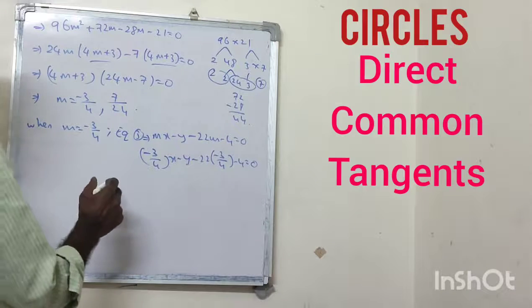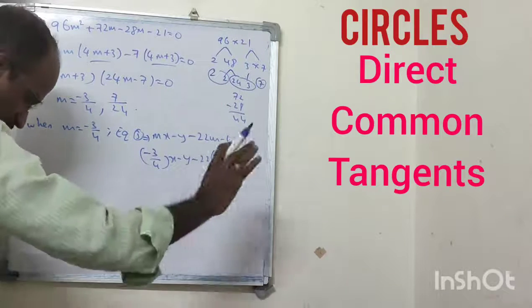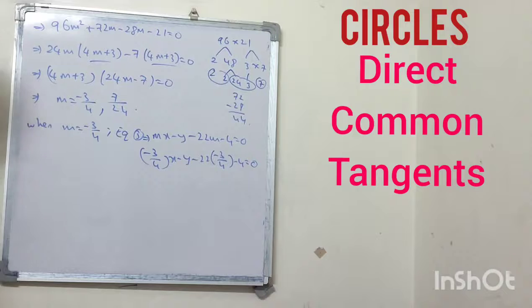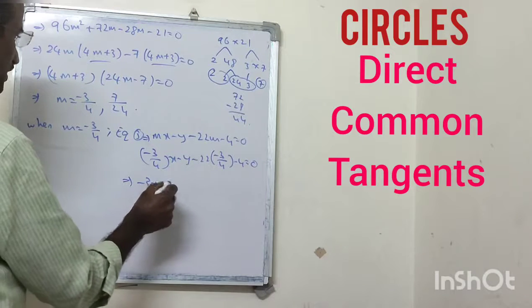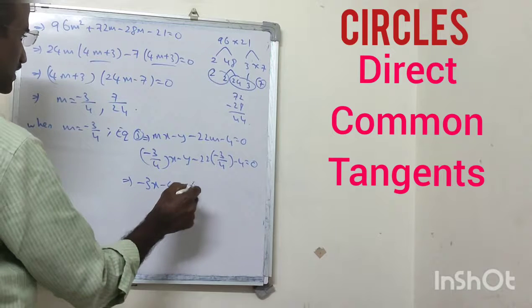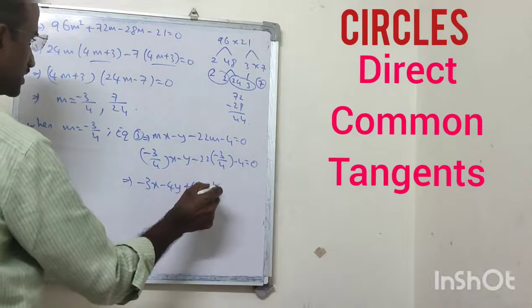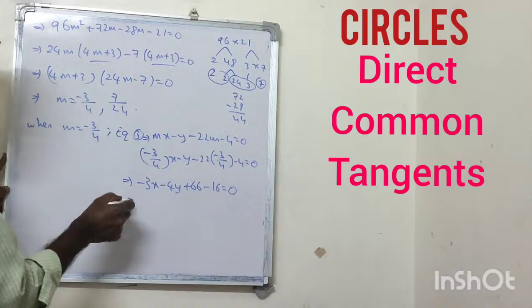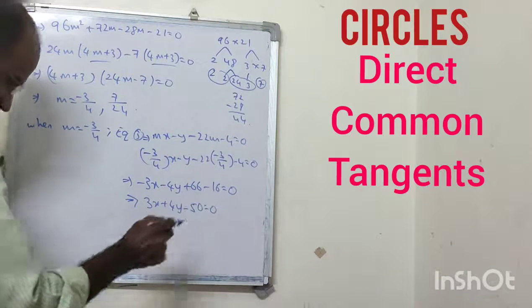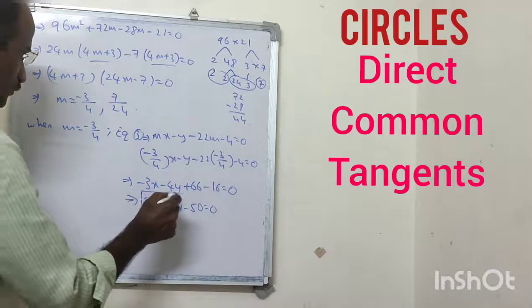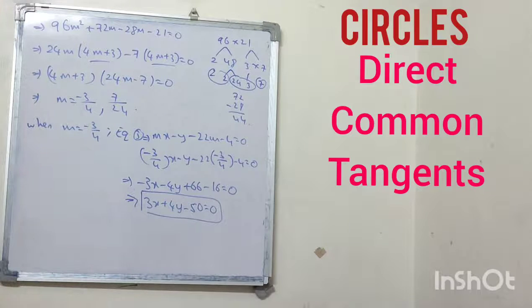Now multiply every term with 4, so minus 3x minus 4y plus 66 minus 16 equals 0, which gives 3x plus 4y minus 50 equals 0, the equation of one direct common tangent.